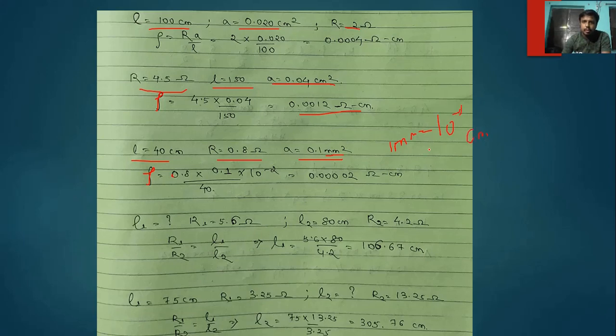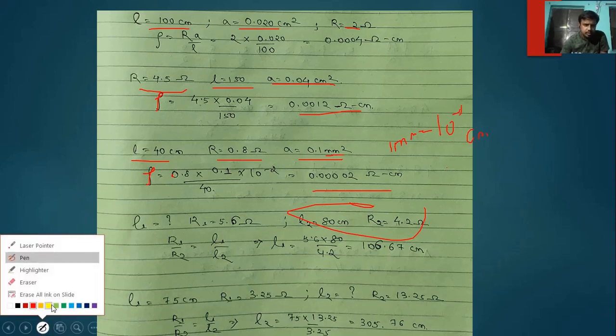So millimeter into millimeter, 10 to the minus 1 and 10 to the minus 1, that will be equal to 10 to the minus 2 centimeter square. Then we use it, we get 0.1 into 10 to the power minus 2, and that will be equal to 0.002 ohm centimeter.